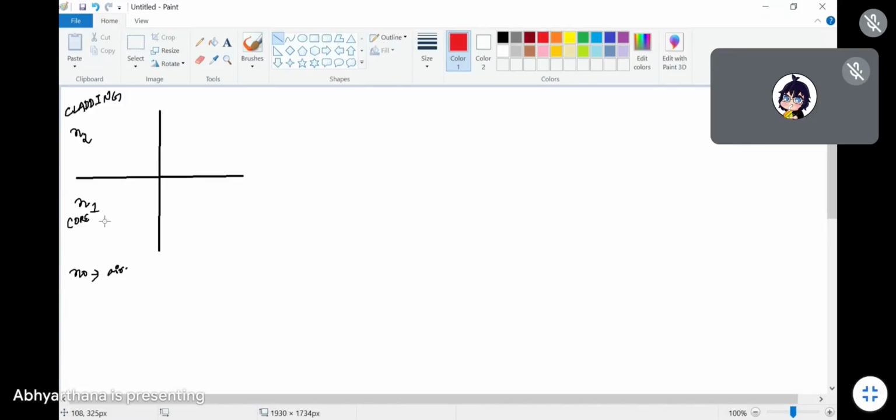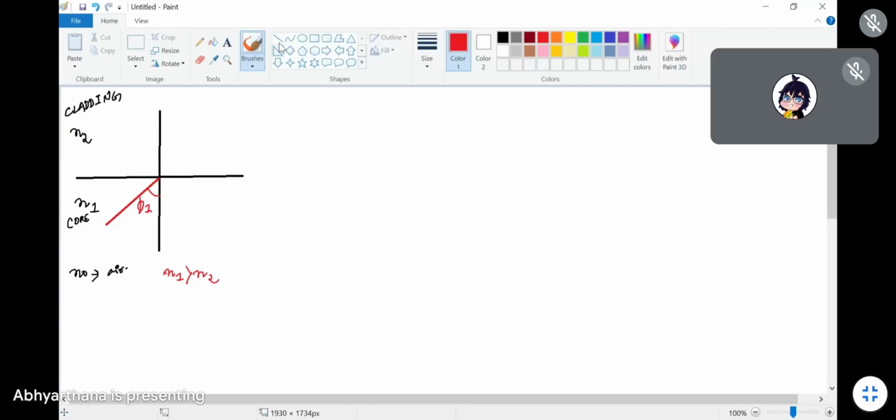Now, let's say light is incident over here, and this angle, let's say it is equal to phi 1, right? Definitely the light will get refracted given the condition that N1 should be greater than N2.